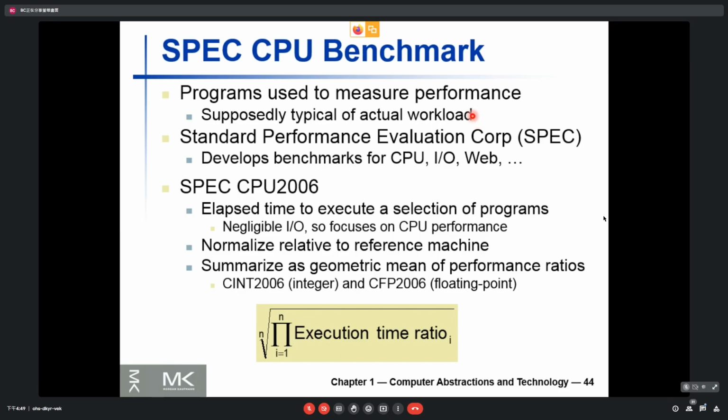Okay, so there's a company doing this and making money out of it. It's called SPEC. 知道这个 SPEC 啊，这个公司叫 SPEC，叫 Standard Performance Evaluation Corporation。它就 develops benchmarks for different things like CPUs, I/Os, websites, servers. So this one is SPEC CPU 2006.